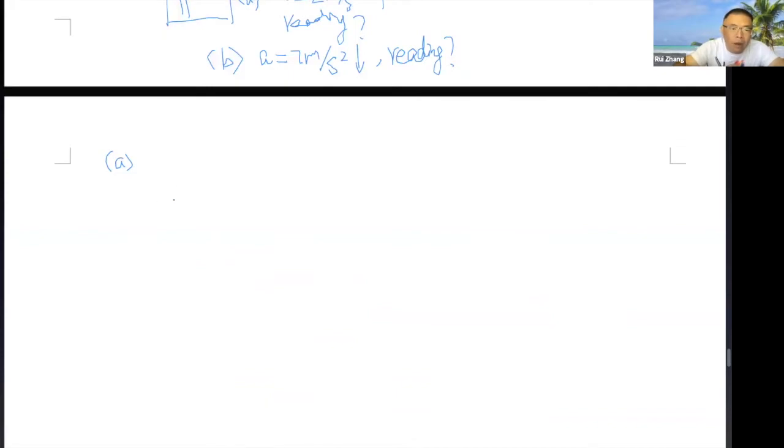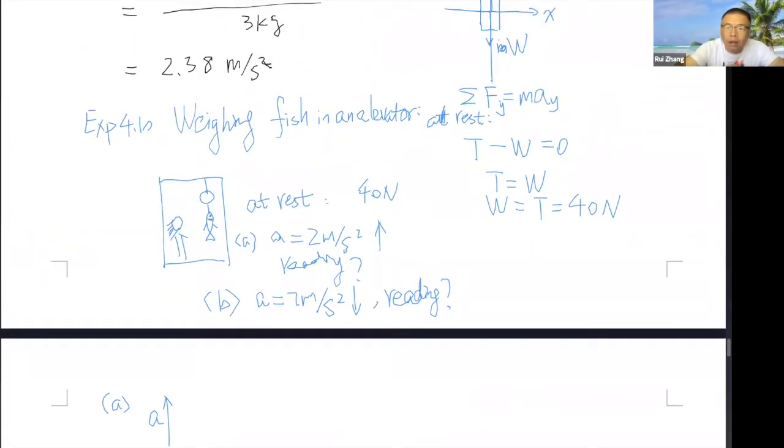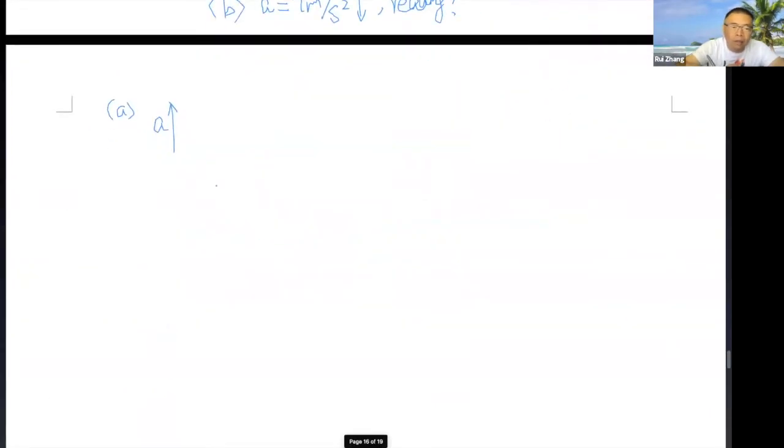But now you have an acceleration going up like this, right? So what does that tell you? When you write your Newton's law here, on the left-hand side, you still have these two forces, but on the right-hand side, you have an acceleration. So it's going to be T minus W equals ma, okay? Because a goes upward in the second case, it's positive, right?